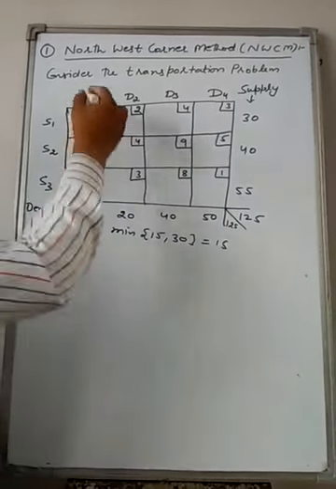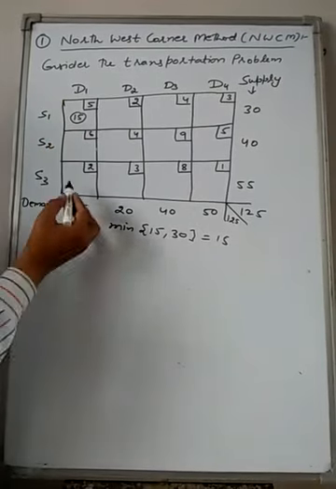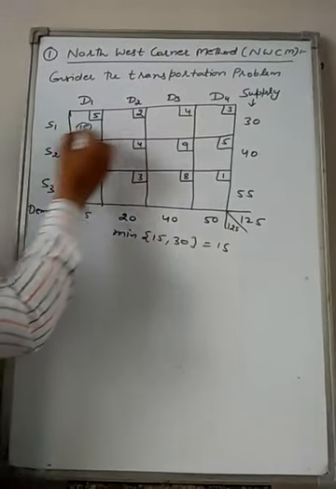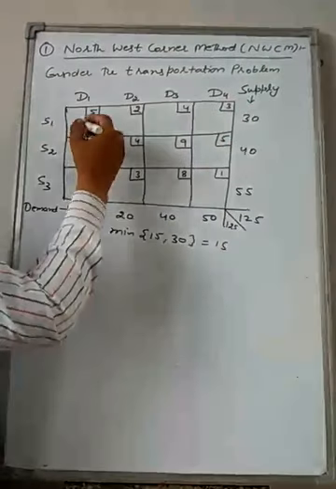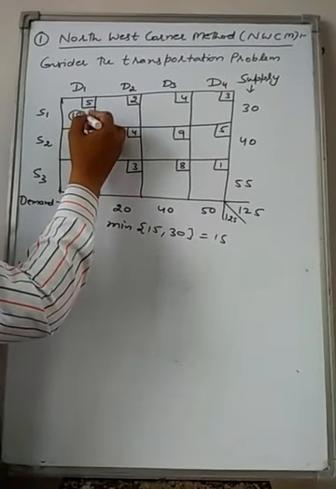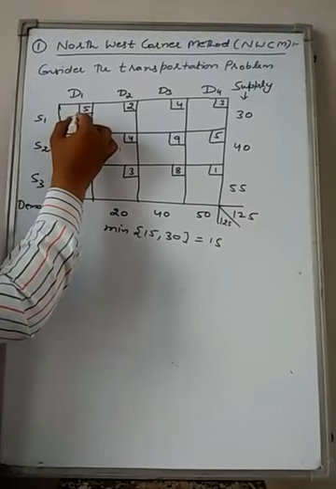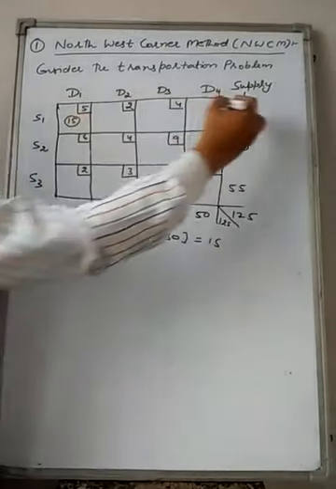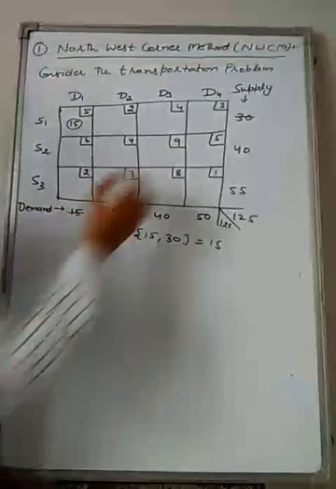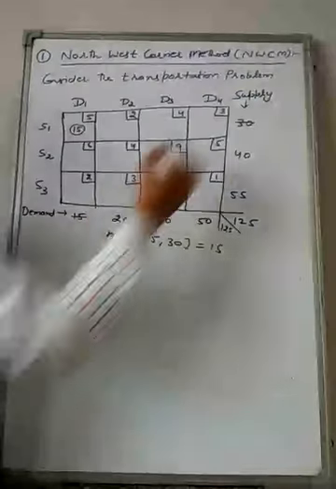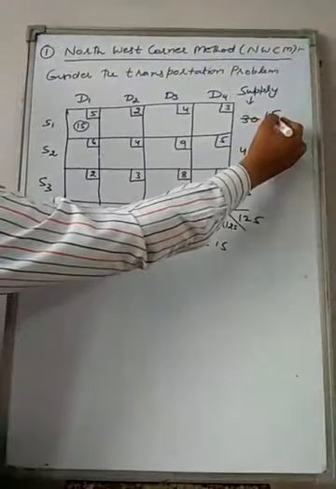After allocation of 15 units at this cell, the remaining supply at source S1 is the difference of these two, which is 15. The remaining supply at source S1 is 15.